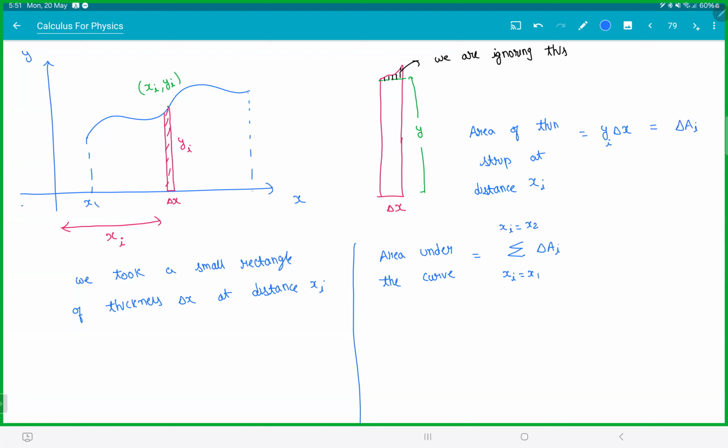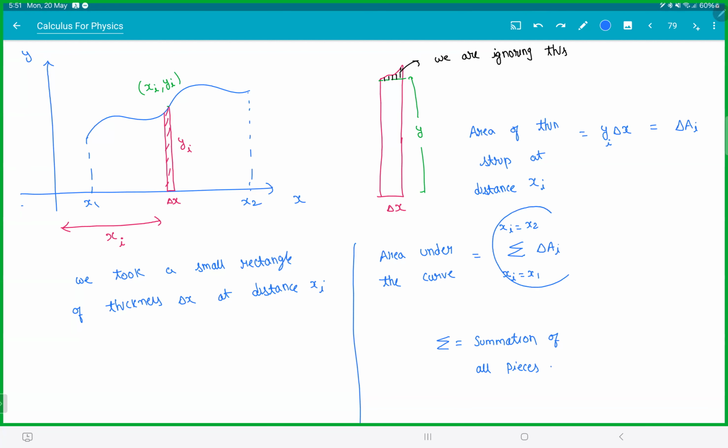So this is x1 and this is x2. The meaning of the symbol is summation, basically addition of all small pieces. I hope everyone knows this symbol's meaning. Learned it in math. In computer programs, we call it a for loop. Remember, for i is equal to 1 to n, we write in programming, right? A i, so i goes from A1, A2, A3, A4, and so on like that.